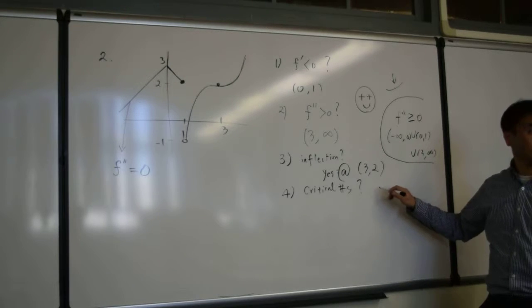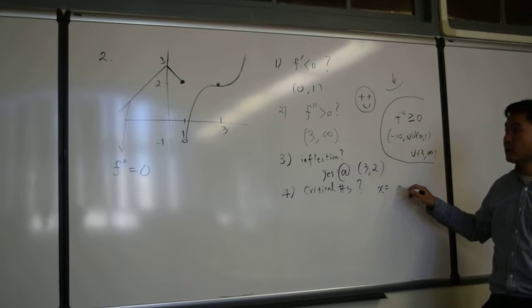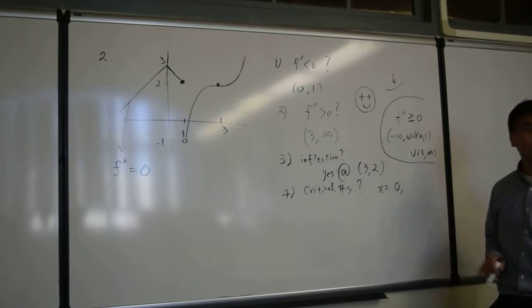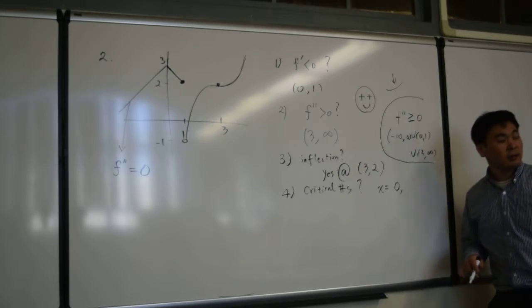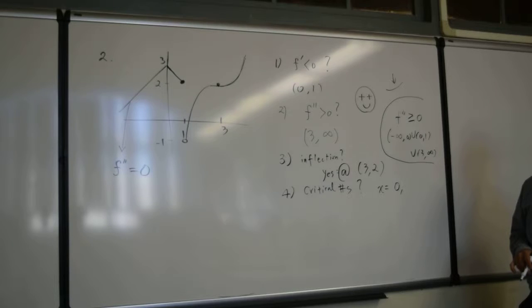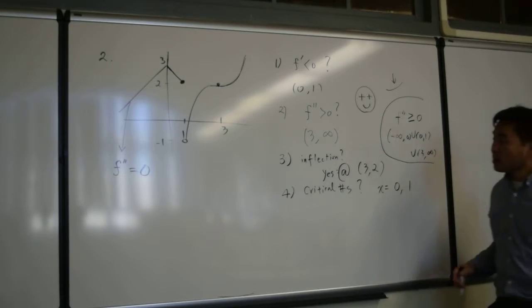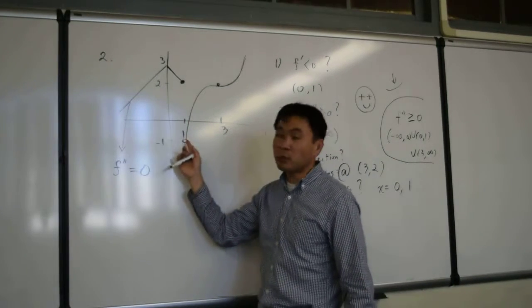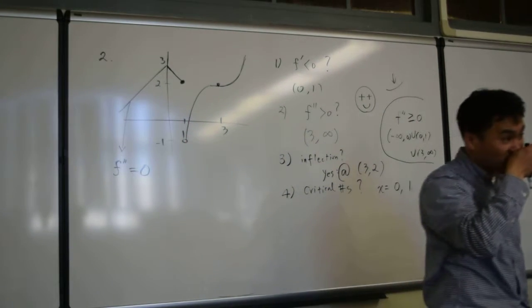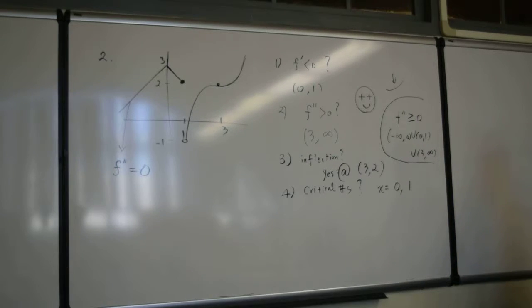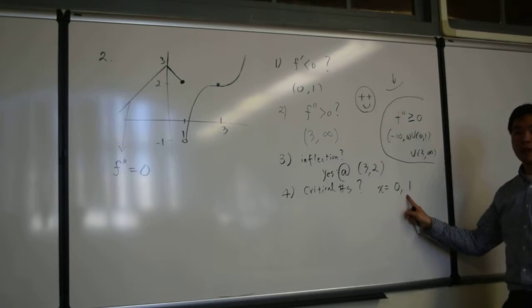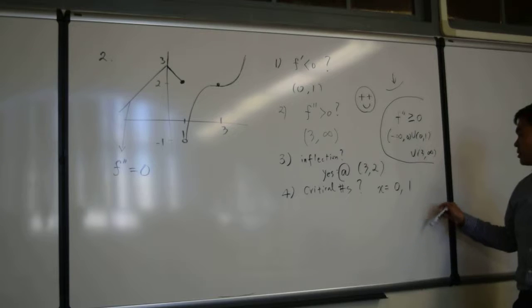At x equals 0, and x equals 3. Well, wait. Now x equal to 1 is another point where it's not differentiable. When the function is not continuous, at any point that the function is not continuous, it's not differentiable. So at 0 and 1, f prime doesn't exist.